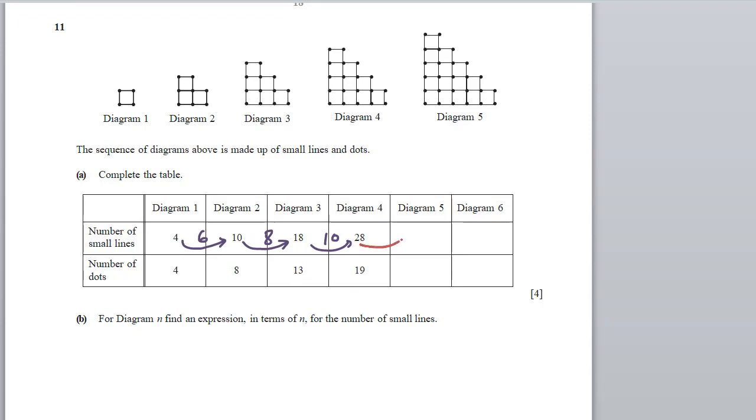So I can write now here 12, here 14. So now the missing value here is 18 plus 12, so it's 40, and 40 plus 14 is 54.